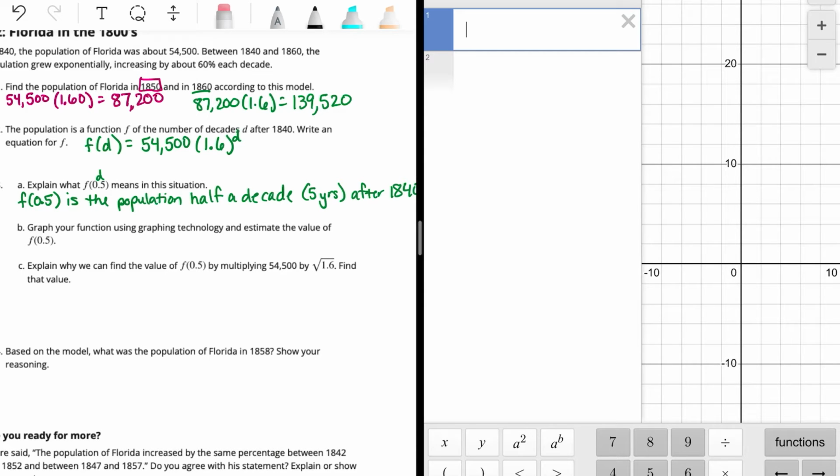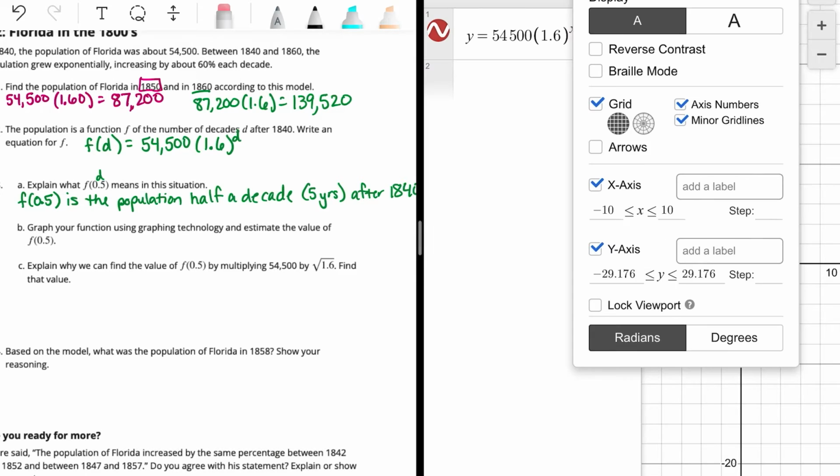So instead of f of d, I'm going to put y equals 54,500 times 1.6, and that's to a power, not squared, to the power of x. So we're going to put x in the place of d. All right, so then I want to change my window here.